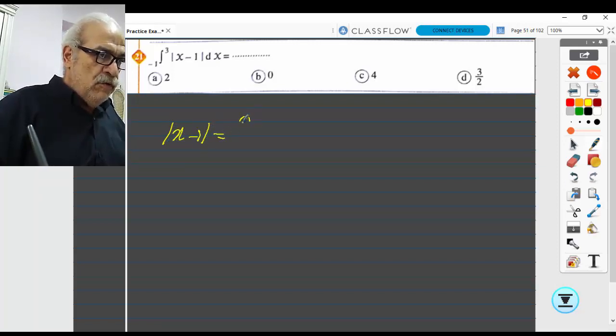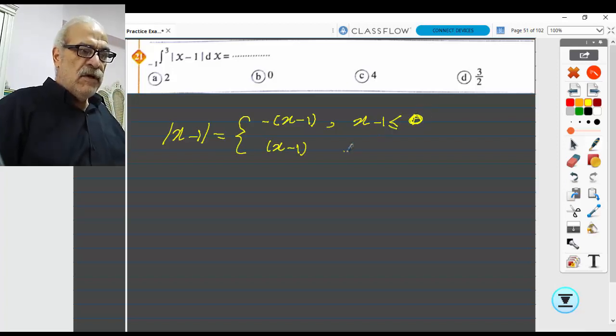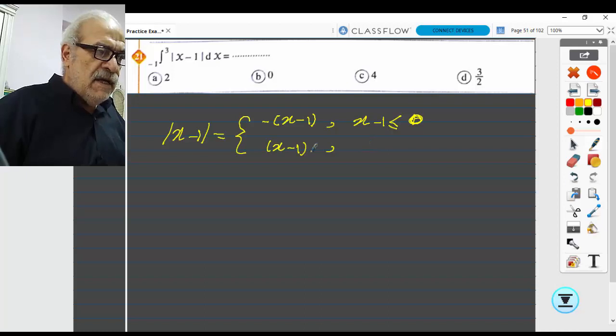equals, we have two branches here: negative x minus 1 or positive x minus 1. Here, when x minus 1 is less than or equal to 0, and equals x minus 1 when x minus 1 is greater than 0.